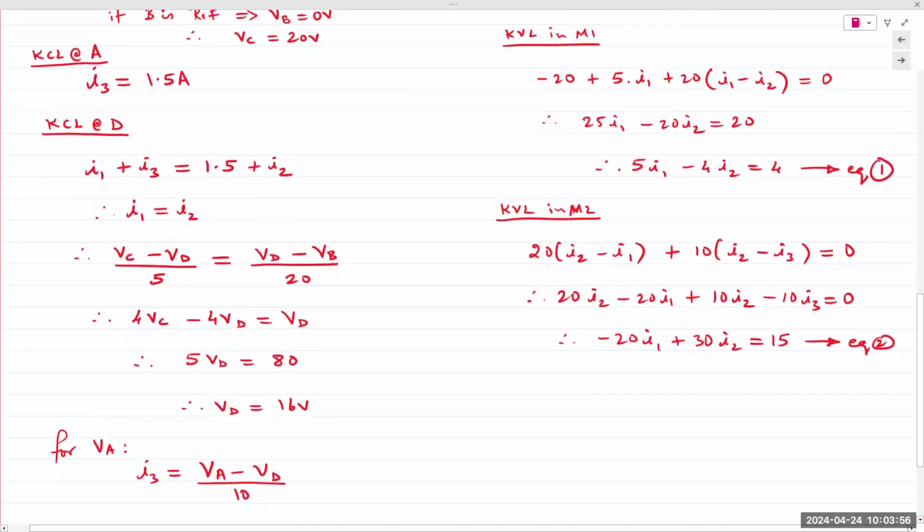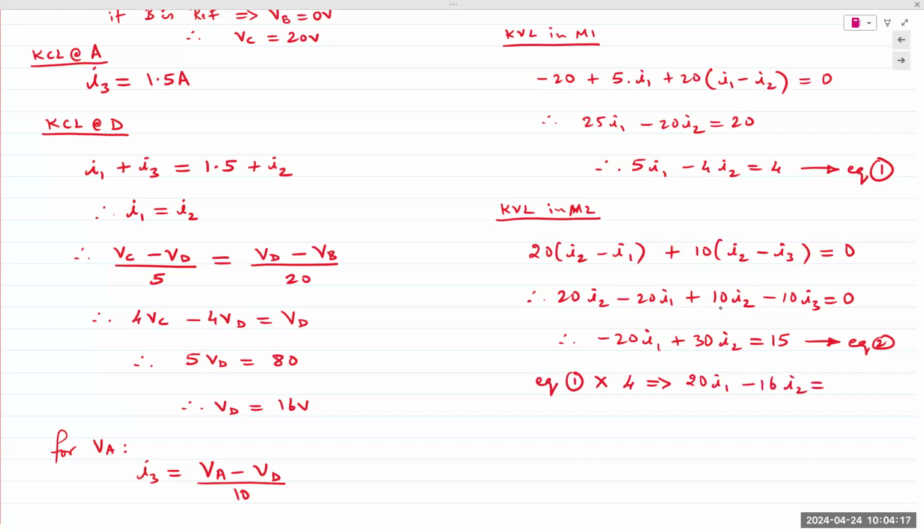Solve these equations using any method you choose: MATLAB, programmable calculator, or manually. If I solve this manually, equation 1 times 4 gives me 20 times I1 minus 16 times I2 is equal to 16.